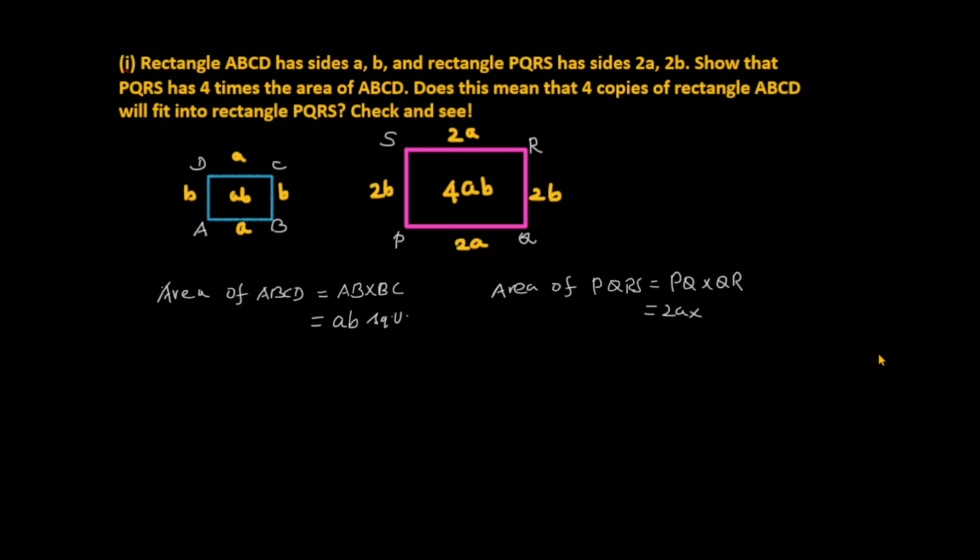So 2A into 2B is equal to 4 times AB square units, which means 4 times, instead of AB we can replace area of ABCD. So area of PQRS is equal to 4 times area of the rectangle ABCD.